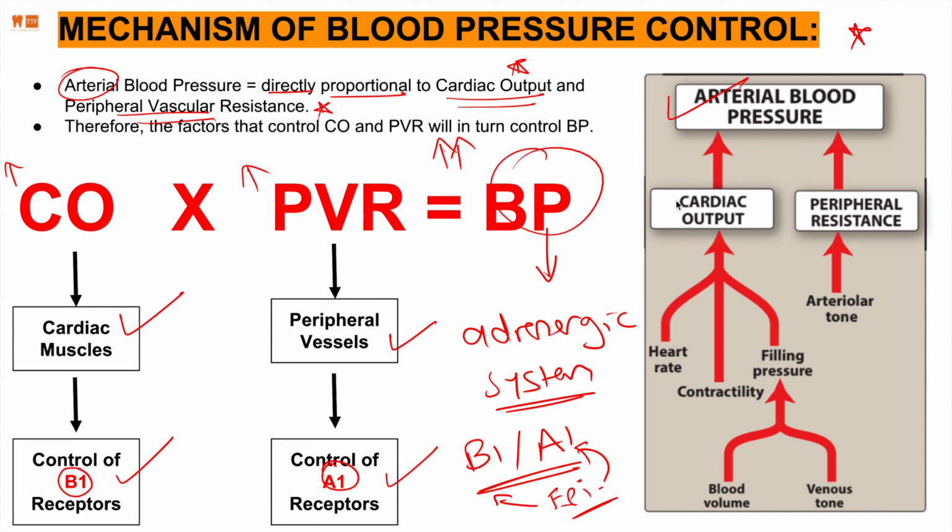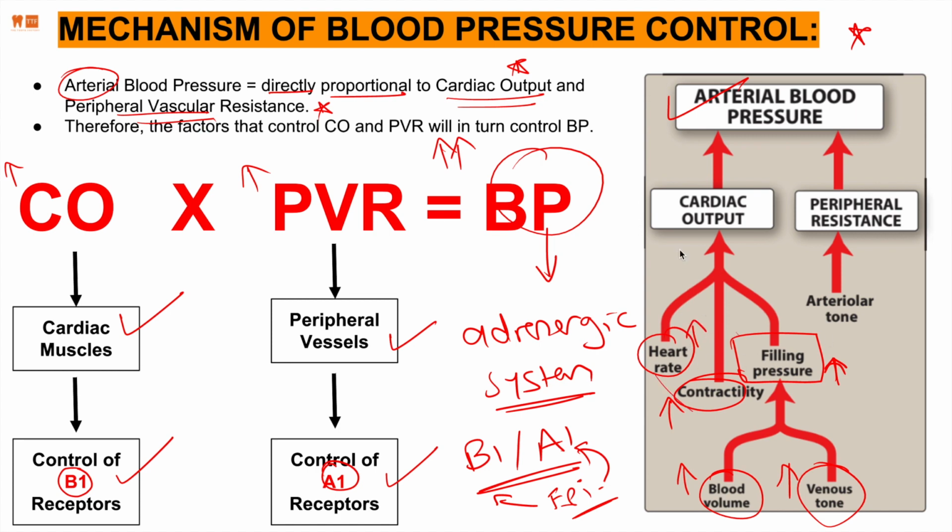Arterial blood pressure, this is from our references, will work upwards. So when there's blood volume and venous tone, we have heart filling pressure. Whenever there's an increase in blood volume or an increase in venous return, our heart fills much more. When that happens, it has to contract even more to get rid of that blood and out to the body. Hence, it increases heart rate.